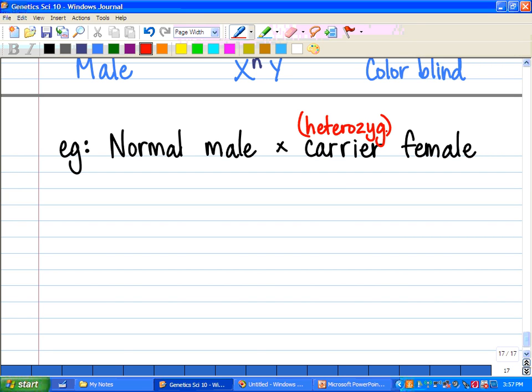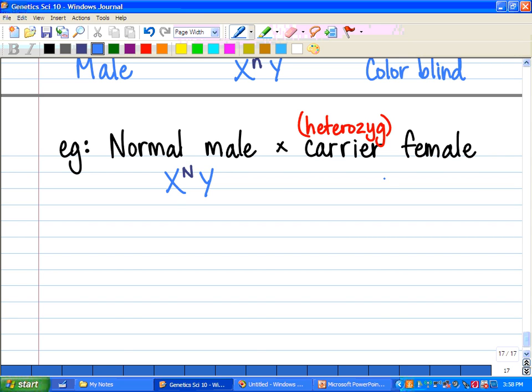Before we run our Punnett square, let's figure out what the X's and Y's look like, and then what the capital N's and lowercase n's look like. A normal male is going to be XY. The male tells you the X and the Y. If they have normal vision, they must have that one copy on the X chromosome of the normal vision allele.